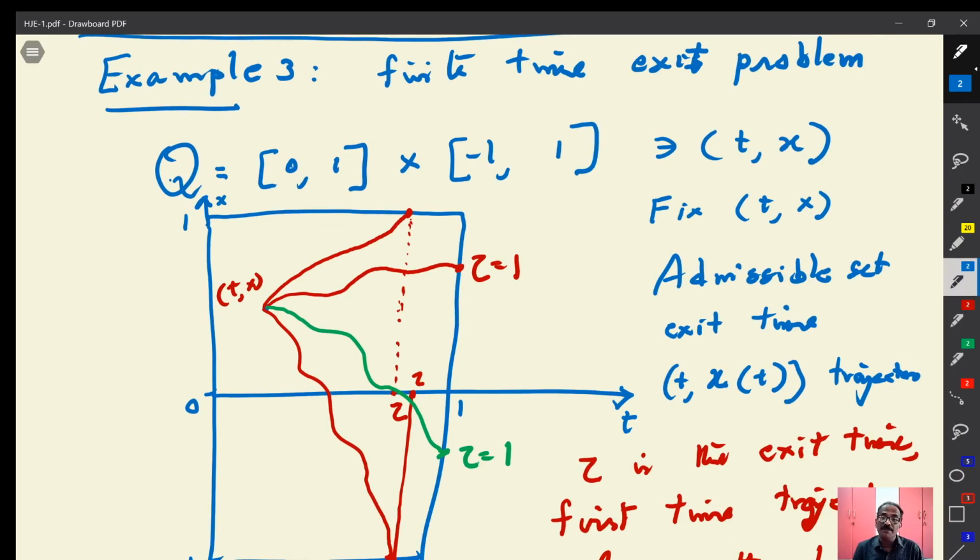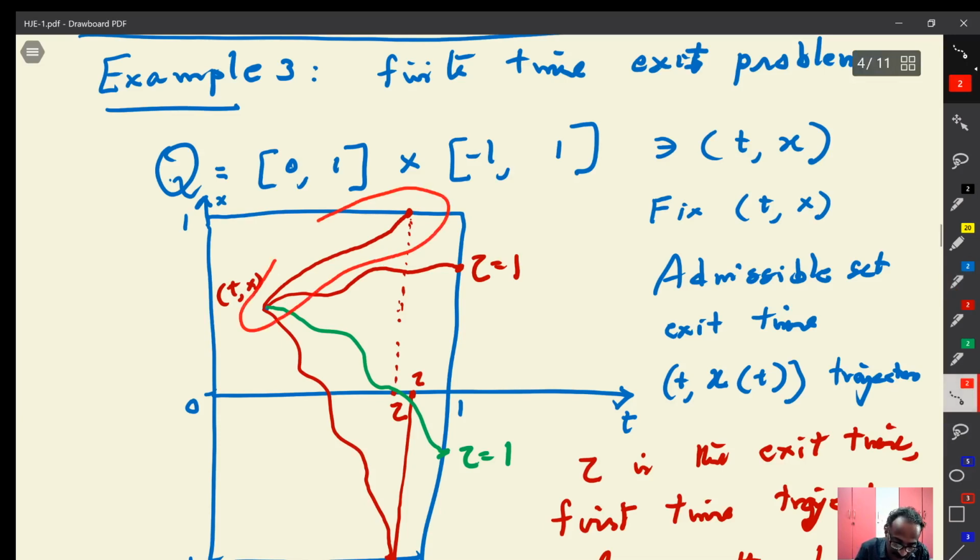So look for the first time it exits this domain. If it exits like this, then this is the time it is given. On the other hand, if it exits at the right end, then tau is equal to 1. That is called the exit time tau of this problem.